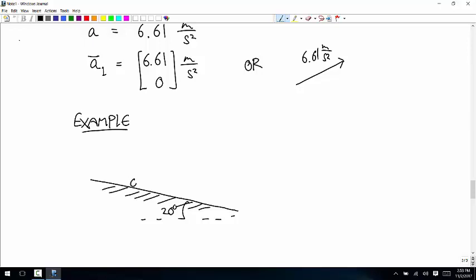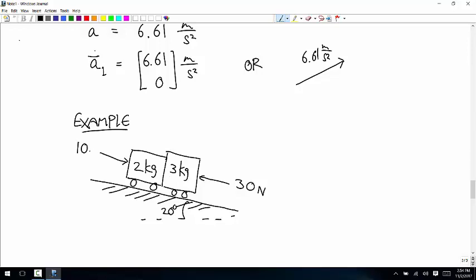And there are two carts in contact, a 2 kilogram cart and a 3 kilogram cart. And let's say there's a 30 Newton force pushing up the incline and a 10 Newton force pushing down the incline.